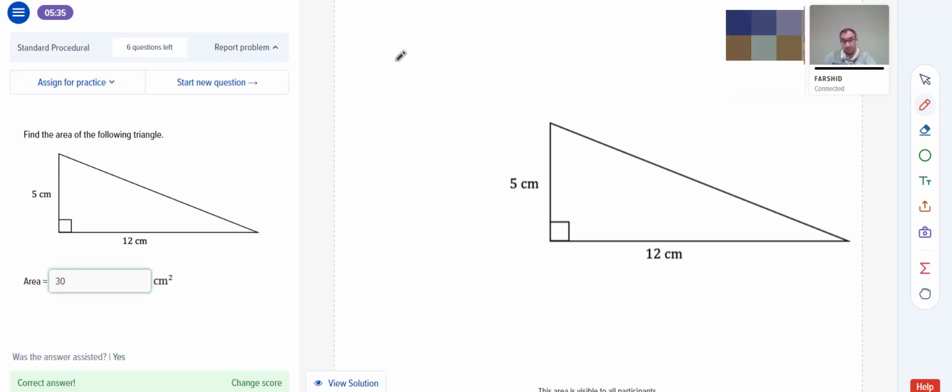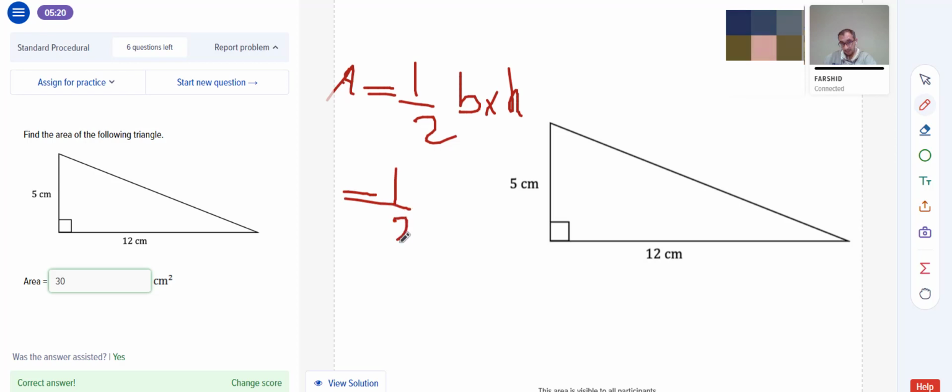Yeah, but remember in your exam, you need to write all the steps. The area equals 1 over 2 base multiply perpendicular height. And then you use equal, and then you say base is 12, because the marker needs to know that, do you understand which one is height, which one is base? You are showing them base is 12, height is 5.